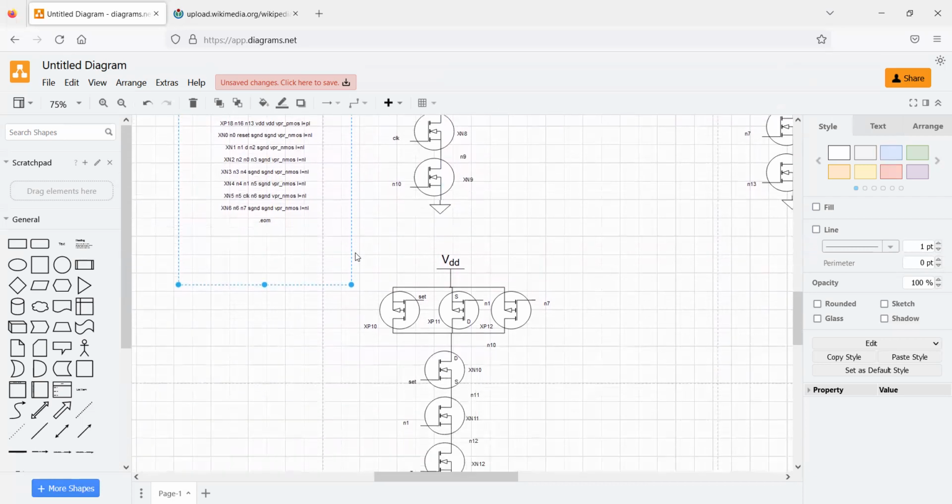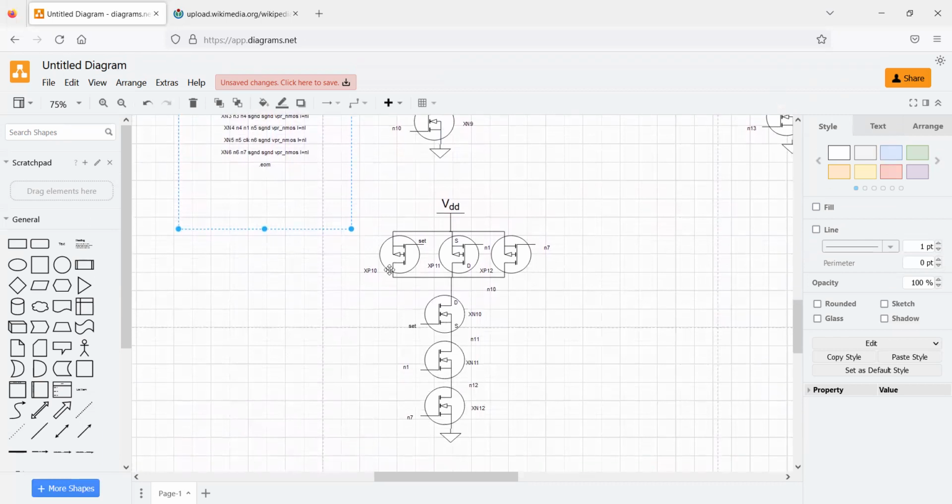Let's go for the next example. So in this example, we have XN10 is N10, set, N11 as ground, of course, VPR NMOS, L equals N times L. XN11, N11, N1, N12, XN12, N12, N7, ground.